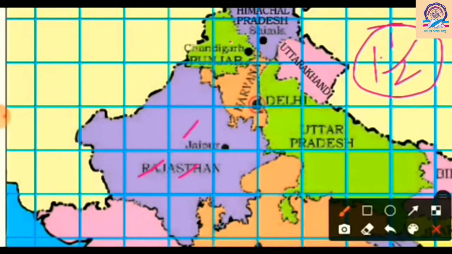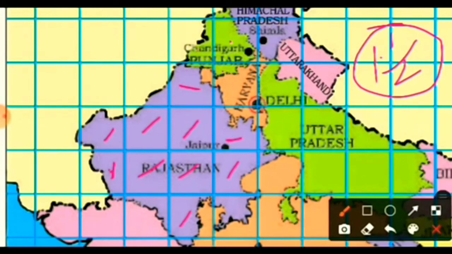Okay, so let's count from the bottom. So here the square which has more than half area is 1. Here it is 2, 3, 4, 5, 6, and we can say that yes, we can also calculate this area. Okay, so there are 7.